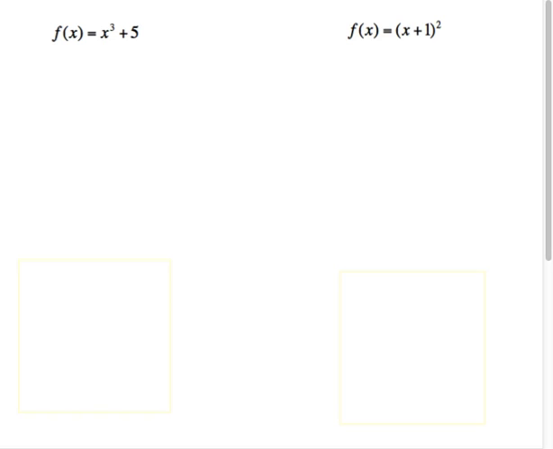All right, looking at this, so again, I'm going to replace the f of x and just use y instead. To find the inverse, I'm going to flip-flop the x and the y. And now I'm going to have to re-solve for y so it's written as an equation. So I'm going to subtract my 5.